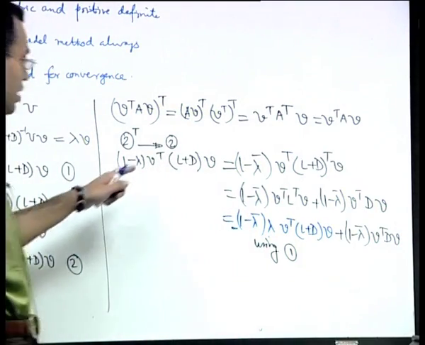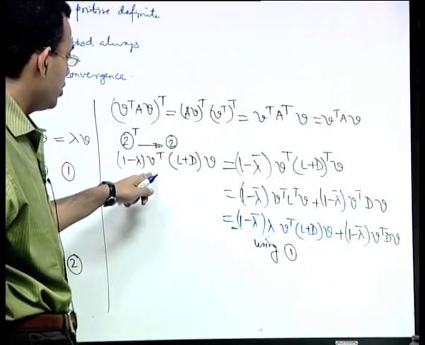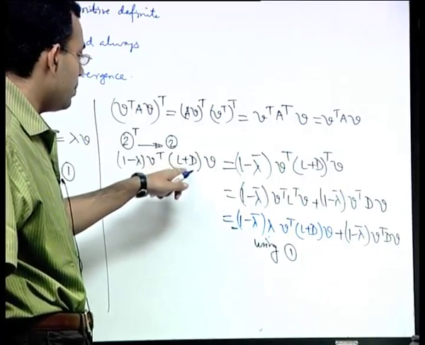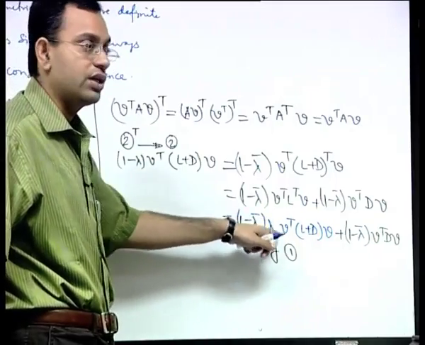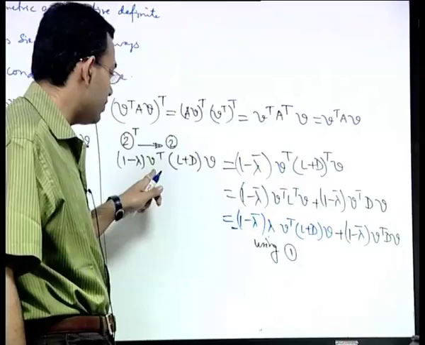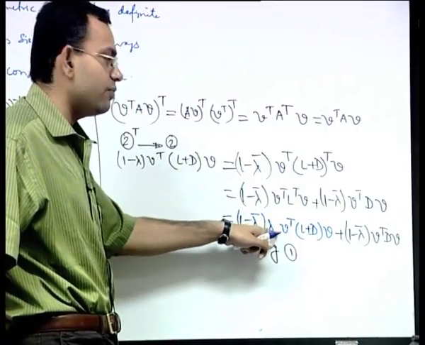So, you can see that in the left hand side and in the right hand side you can take V transpose L plus D V as common in the first two terms.